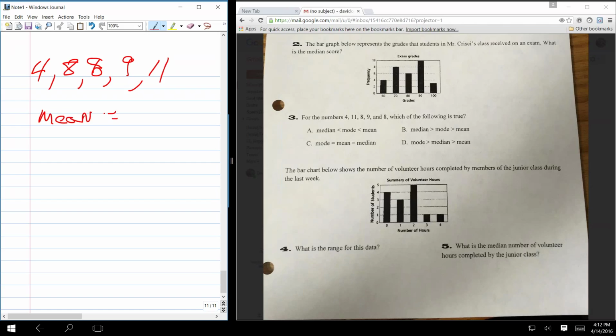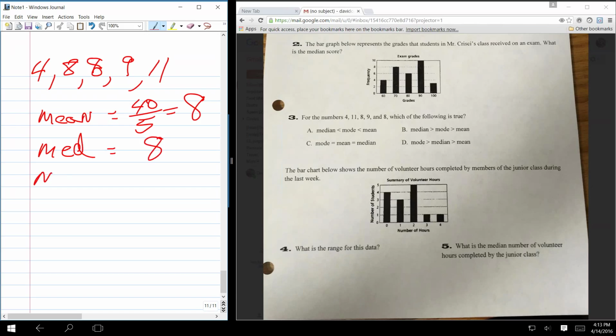You add up all the numbers and divide by how many numbers there are. Okay, so when we add up those 5 numbers, we get 40. So 40 divided by 5, the mean is 8. What's the median? The median would be 8 also.